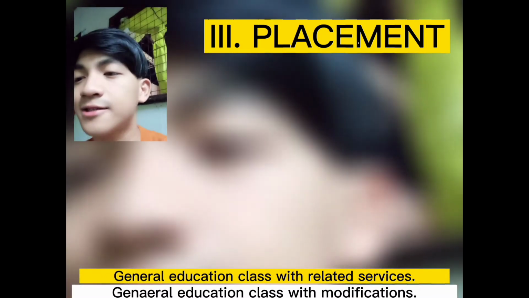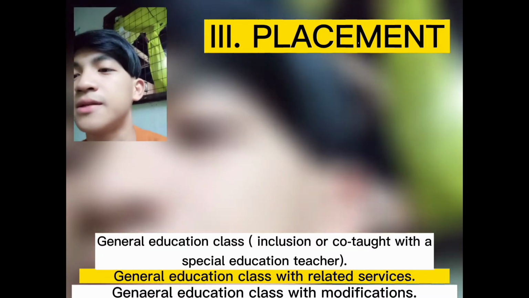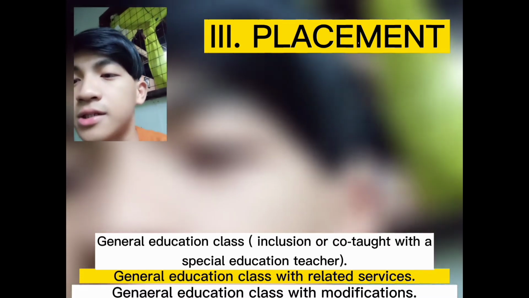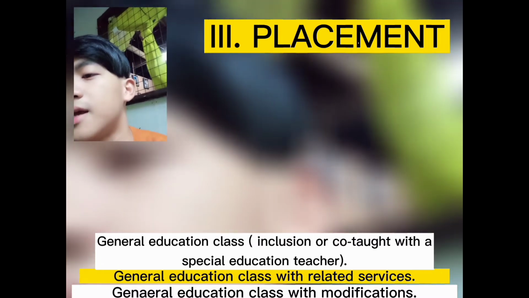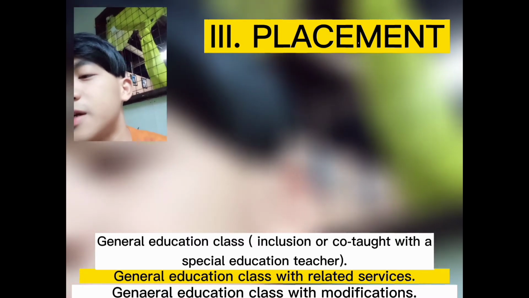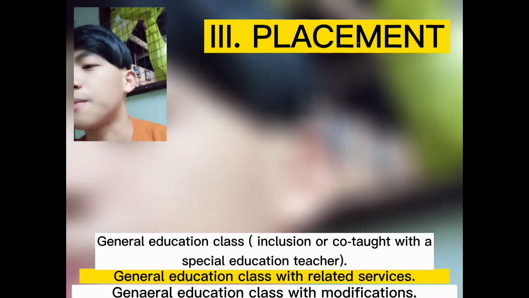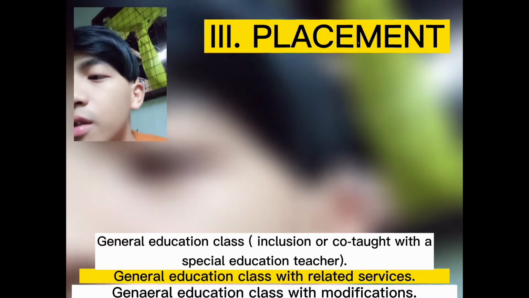Another option for placement is to be in a general education class, but the child receives supplementary instructions and services such as speech, physical, occupational therapy, or counseling services during the school day.